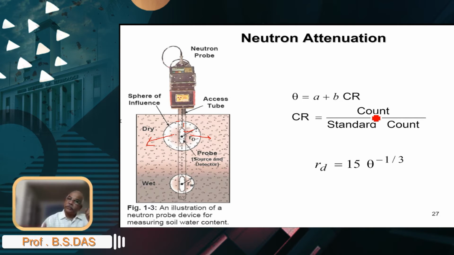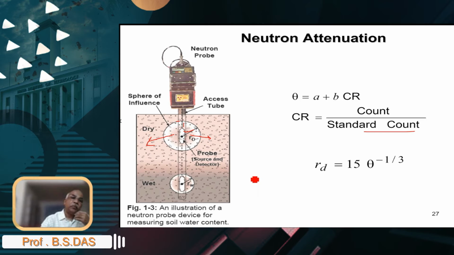The source is always decaying, so the number of fast neutrons it can produce gets reduced over time. And so you need to get the standard count measured before you do this measurement.